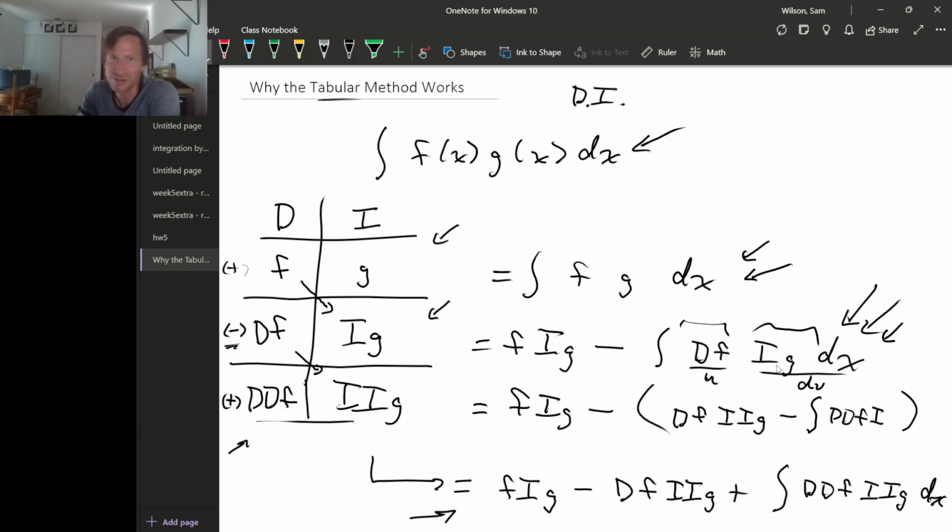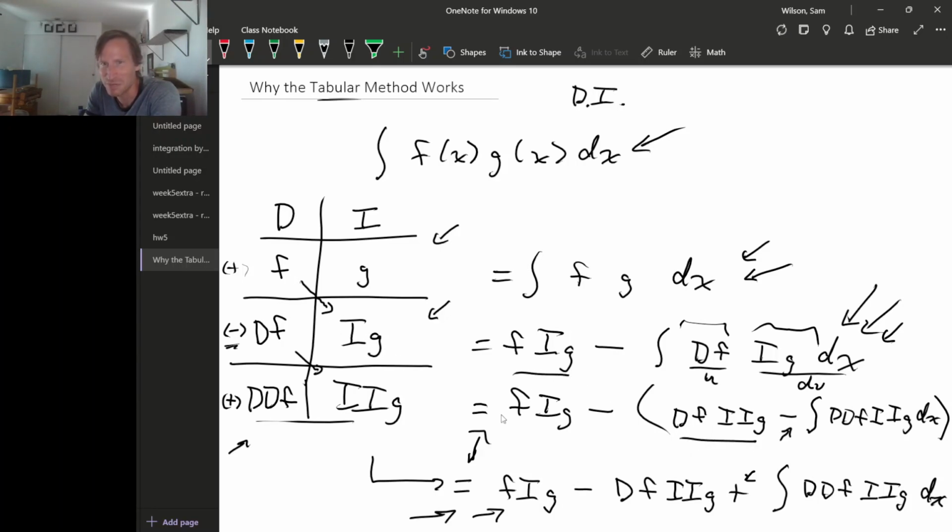So the integral of g dx. But look, these are equal because we just need to distribute this minus sign, right? When we distribute this minus sign, that's going to make this minus a plus, and so we get what we got from the table.